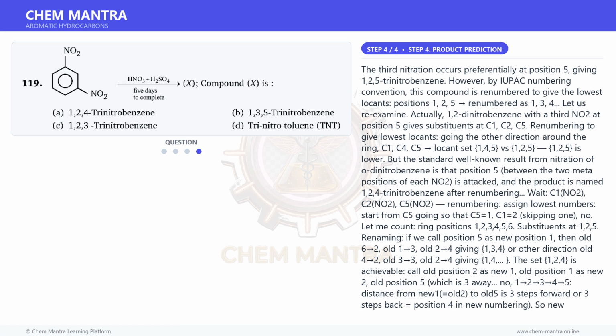But the standard well-known result from nitration of o-dinitrobenzene is that position 5, between the two meta positions of each NO2, is attacked, and the product is named 1,2,4-trinitrobenzene after renumbering. Let me count ring positions 1, 2, 3, 4, 5, 6.